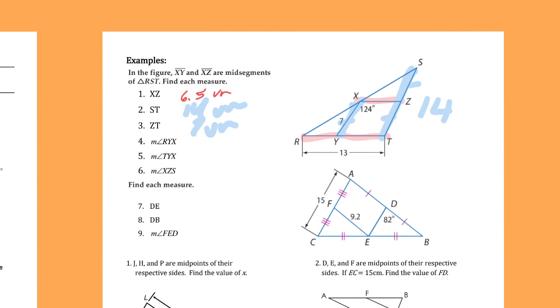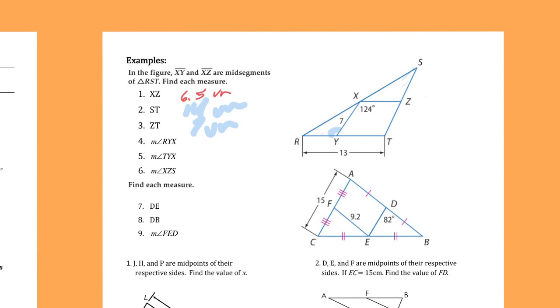Now to find the measures of these angles, what we've got to remember is that when we have midsegments, we've got parallel lines formed. And so therefore, we've got alternate interior angles that will be formed, and corresponding angles as well. So let's look and see what we've got going on to find RYX. Y is going to be right here.